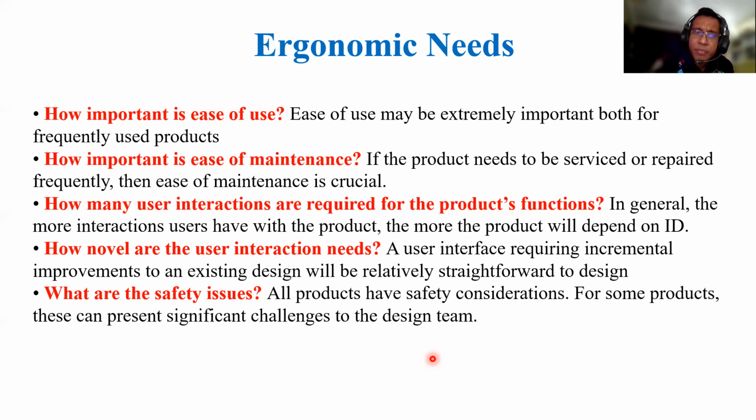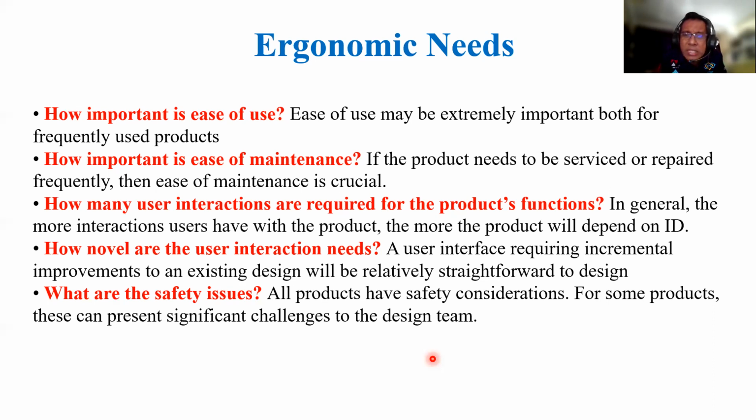So how novel is the user interaction need? A user interface requiring incremental improvement to an existing design will be relatively straightforward to design, such as the button of a new desktop computer mouse, for example.